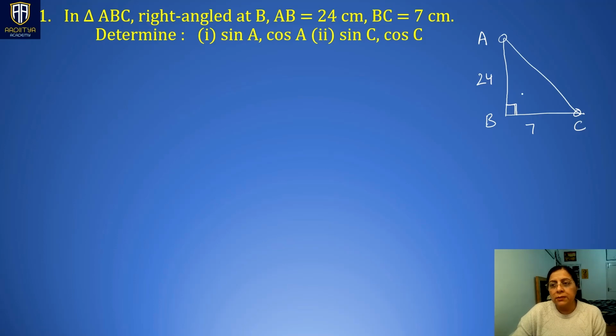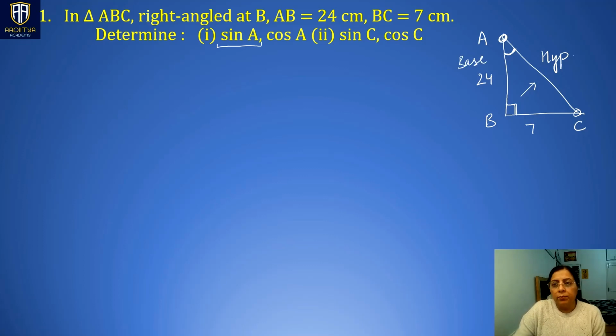If angle B is 90 degree, the side opposite to right angle is called hypotenuse. And when we talk about base and perpendicular, we have to fix our angle first. Let's say I am fixing it as A. If A is the concerned angle, then this angle has to be between the base and hypotenuse. So I am fixing my base here.